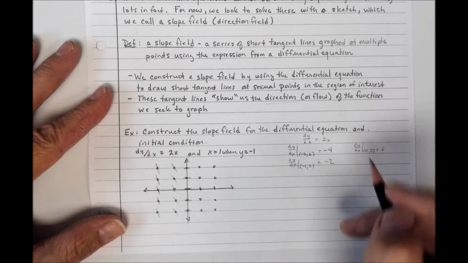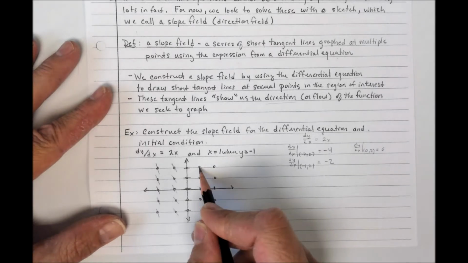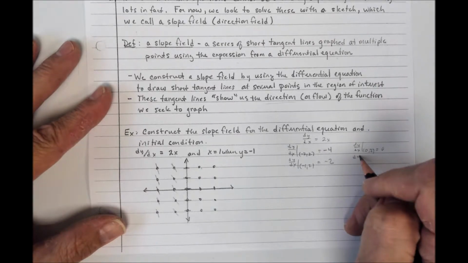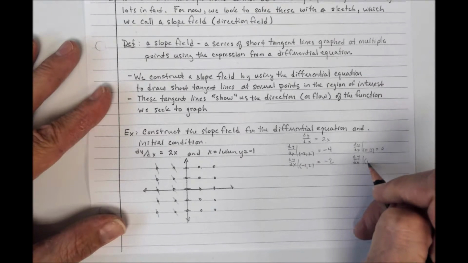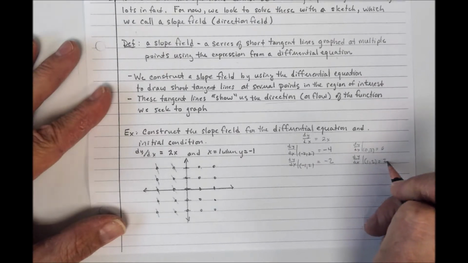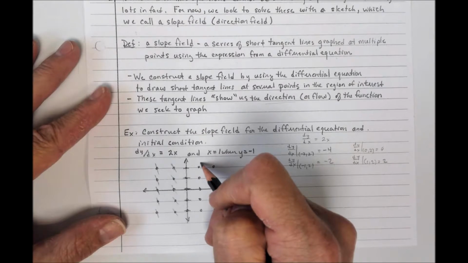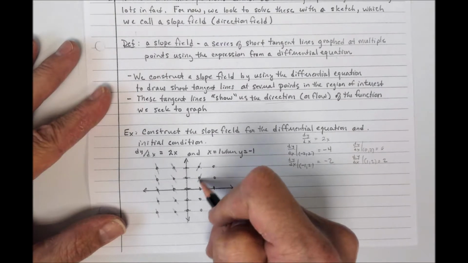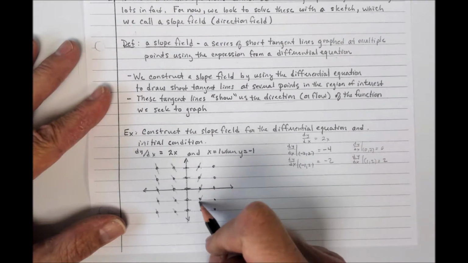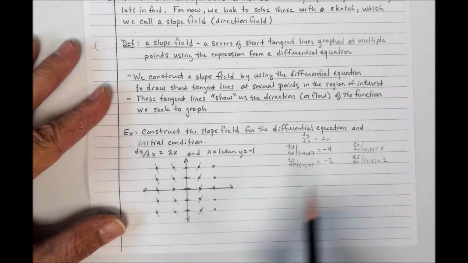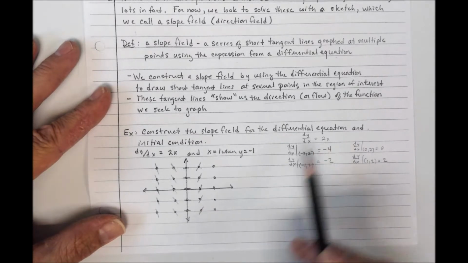And then I go to, let's say, 1, 2, this point up here. So dy/dx at 1, 2 is going to give me 2 times 1, which is 2. So best I can. Now again, since this differential equation only has x, I can get away with this.